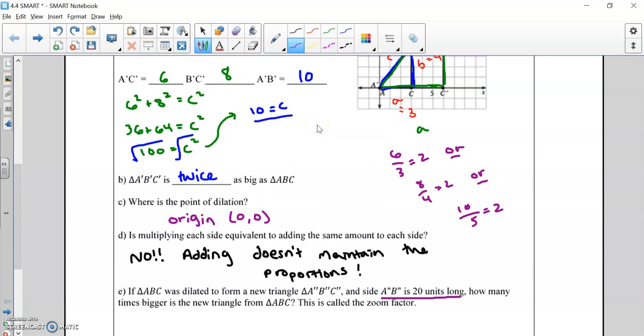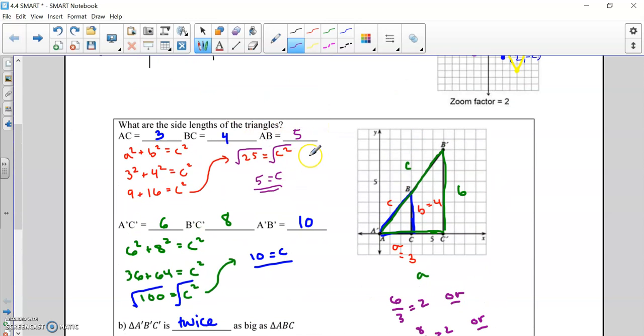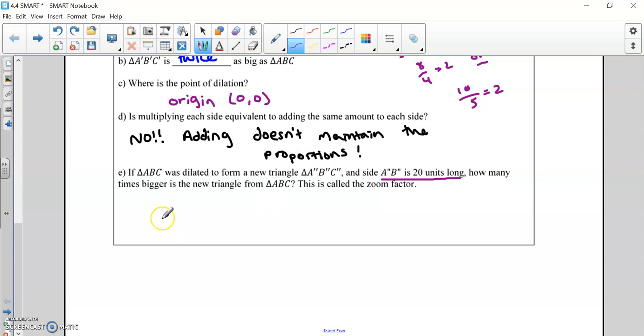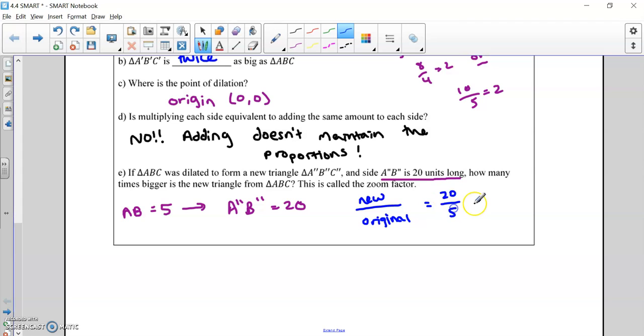If we look up at our original AB, it was 5. And the new one is 20. To figure out what the scale factor or zoom factor is in this case, we would just do the new divided by the original. That's always how you find scale factor here. So 20 divided by 5, and that gives us a zoom factor of 4.